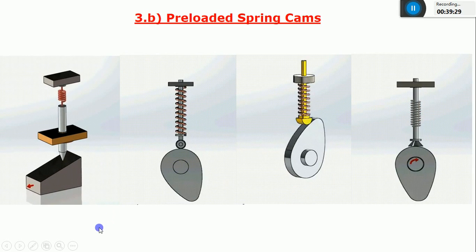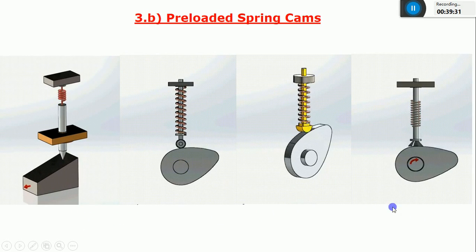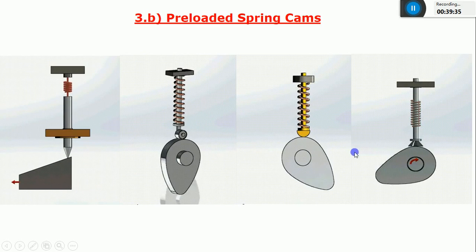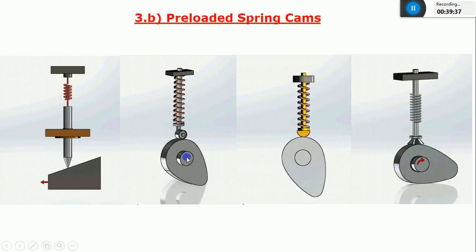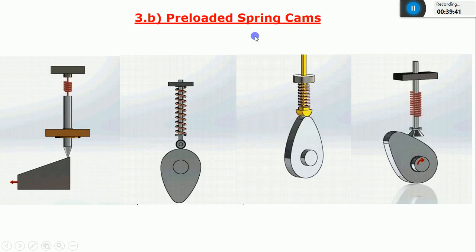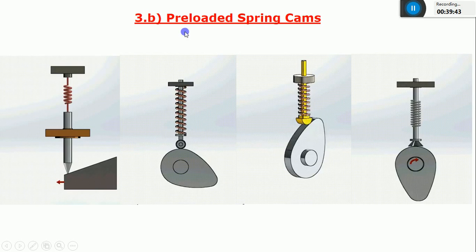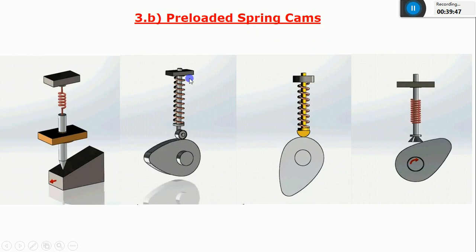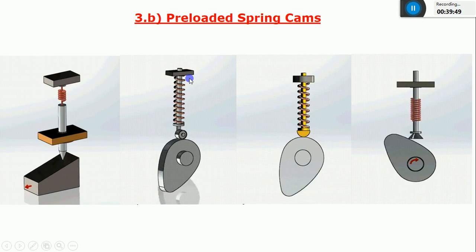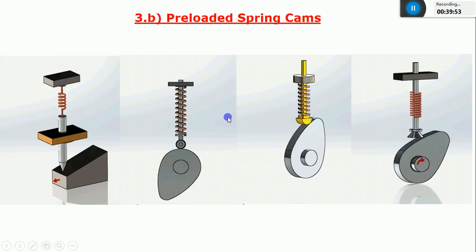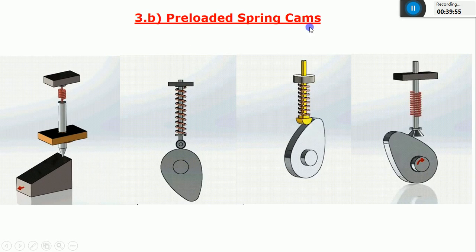It means in all these four types of cams, there is a requirement of a spring force or external force so that I can maintain proper contact between a cam and follower. All are loaded with a spring, so I call them preloaded spring cams. So this is the difference between the positive drive cam and preloaded spring cams. These are the four examples of preloaded spring cams.